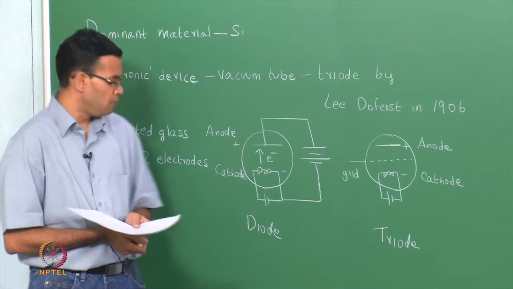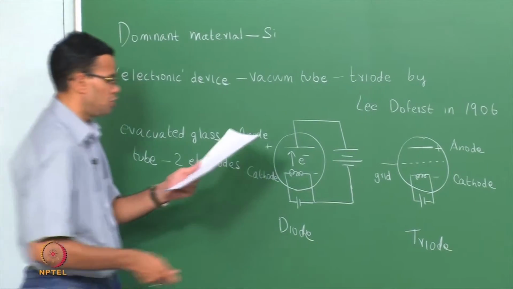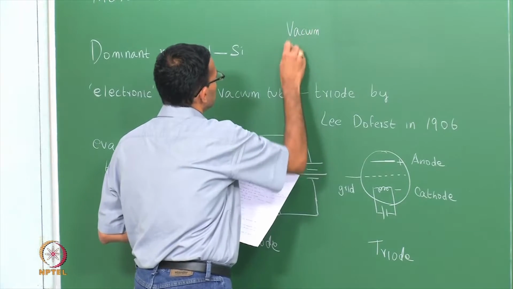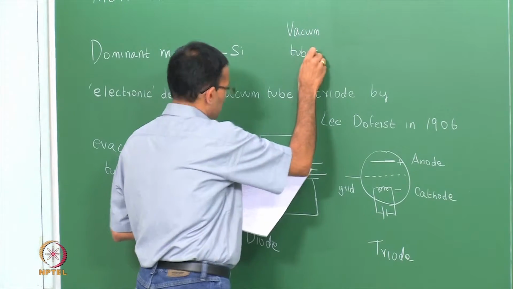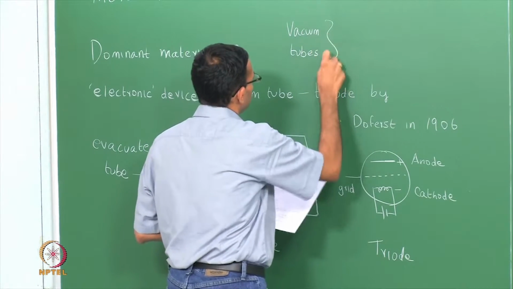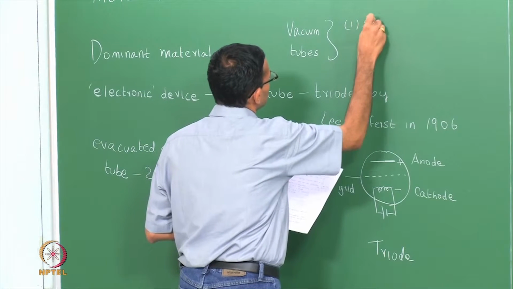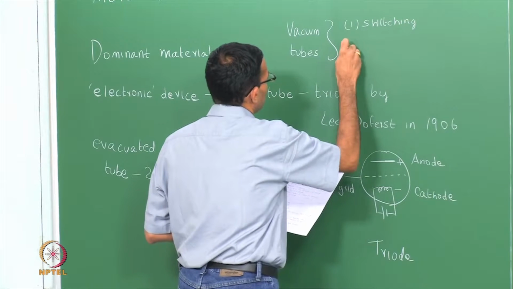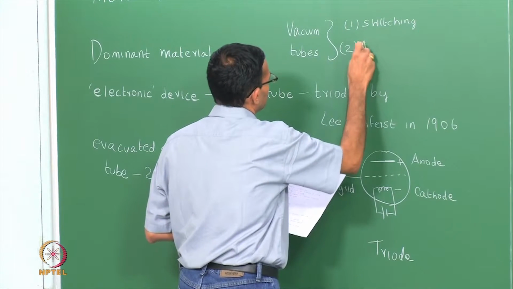Vacuum tubes perform essentially two functions. They can be used for switching or they can be used for amplification.